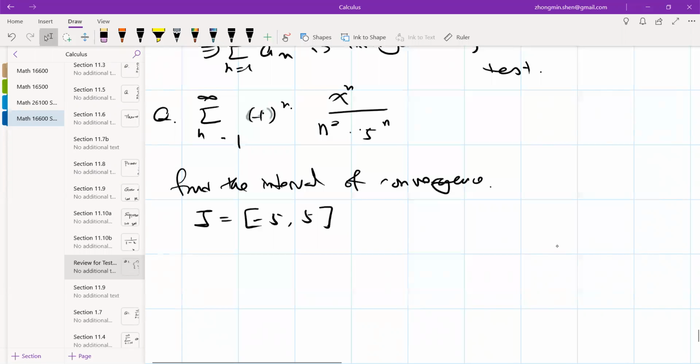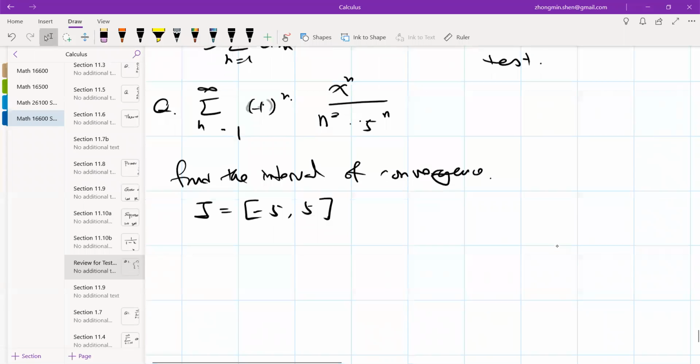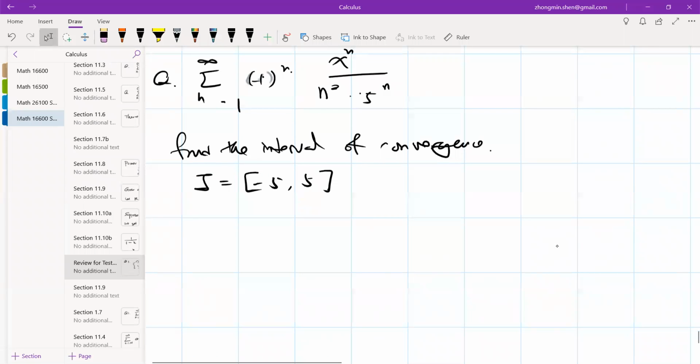Okay. So how do you do that? Well, you use the ratio test. Okay, so the negative sign would be gone.